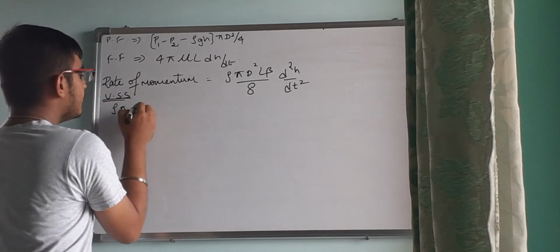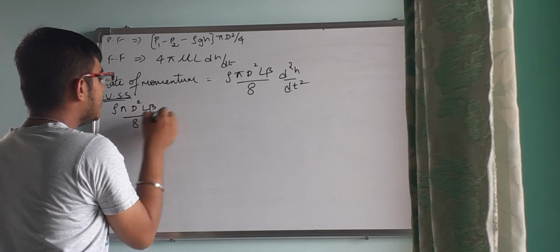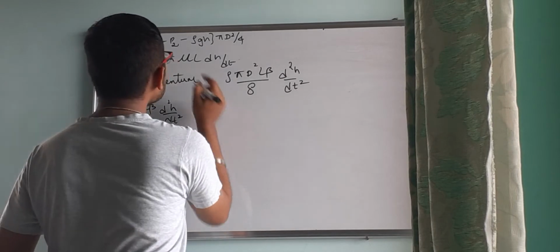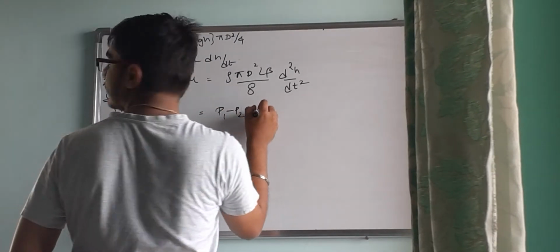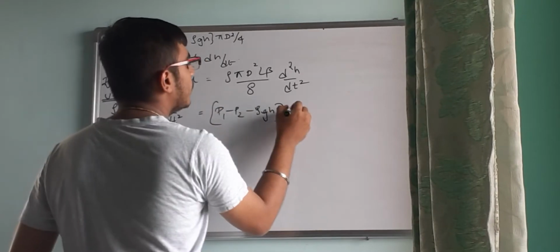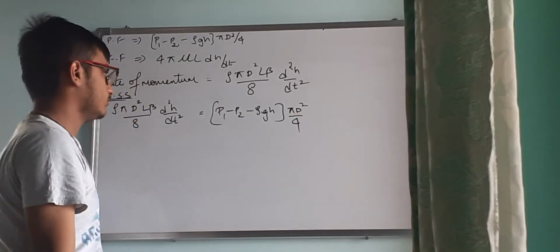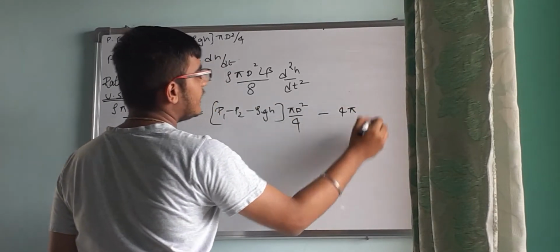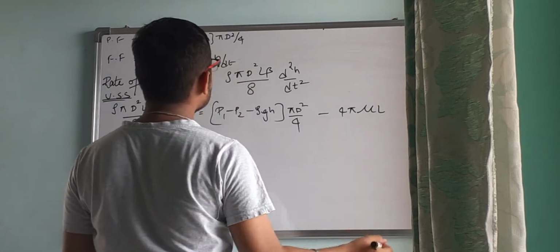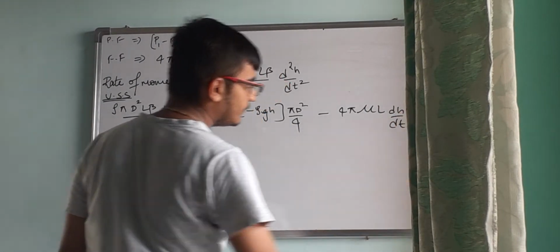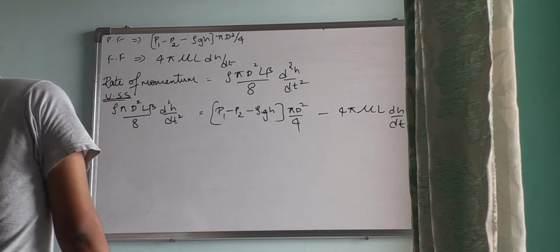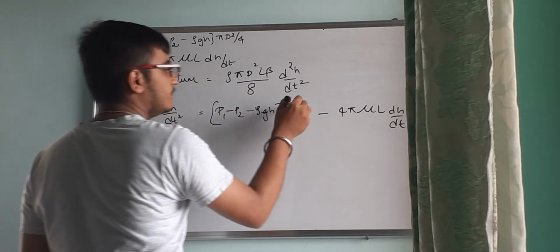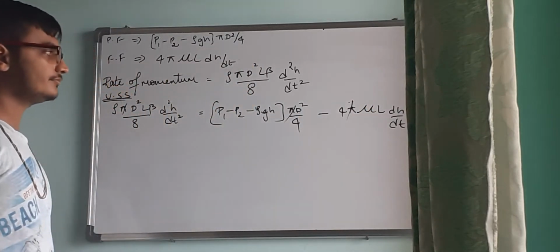Unsteady state: rho pi d square L beta by 8 into d square h by dt square is equal to unbalanced forces, P1 minus P2 minus rho g h into pi d square by 4, minus 4 pi mu L dh by dt. You can take pi common throughout and cancel pi. Right? Can you cancel pi?